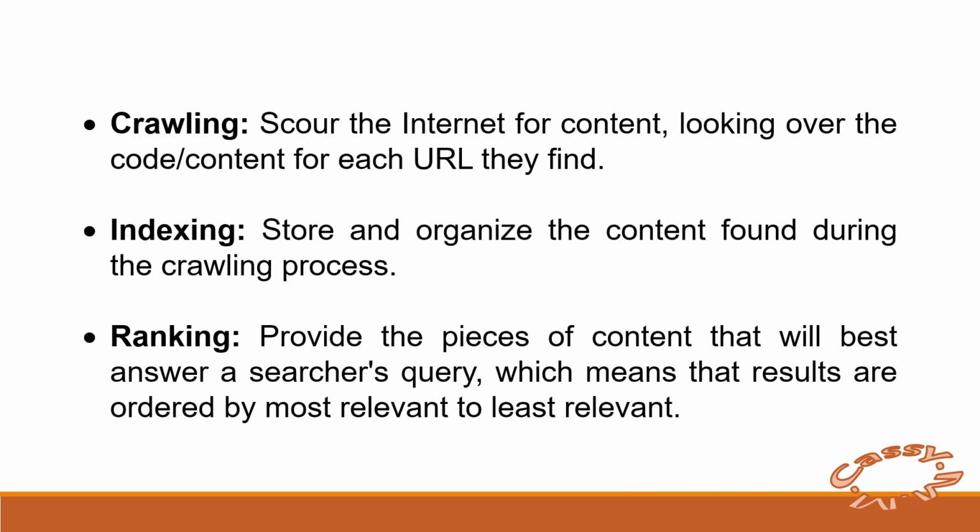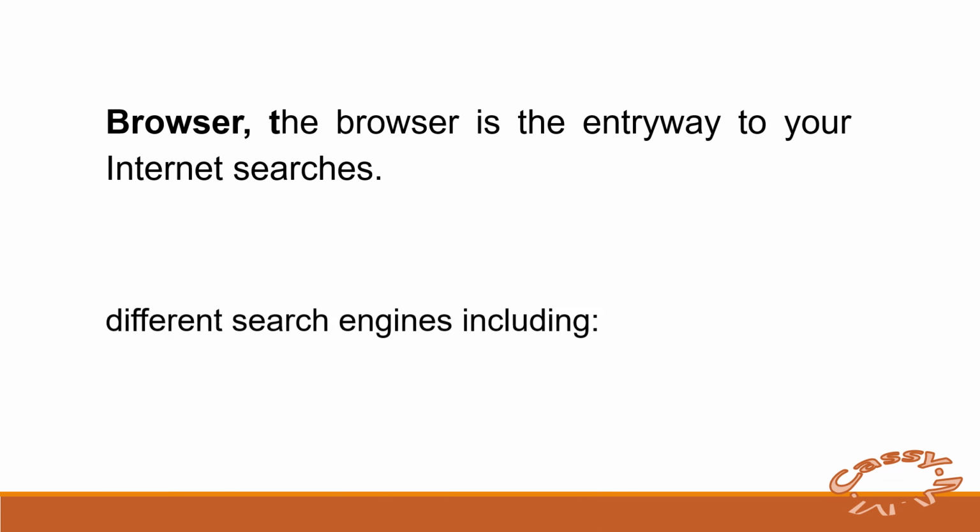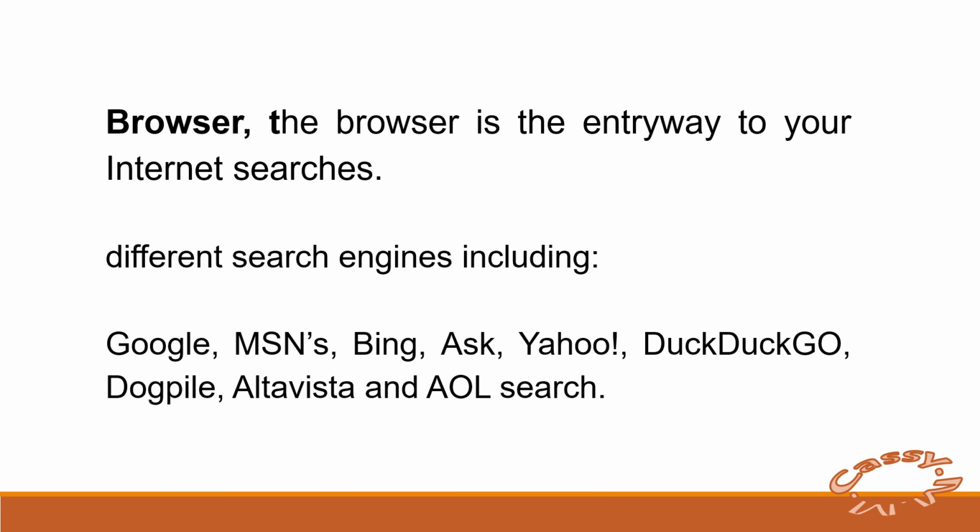Ranking: provide the pieces of content that will best answer a searcher's query, which means that results are ordered from most relevant to least relevant. Browser: the browser is the entryway to your internet searches. You can use a variety of different search engines to help you begin your searching, including Google, MSN, Bing, Ask, Yahoo, DuckDuckGo, Dogpile, AltaVista, and AOL Search.